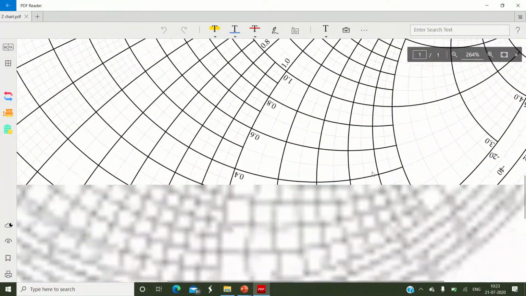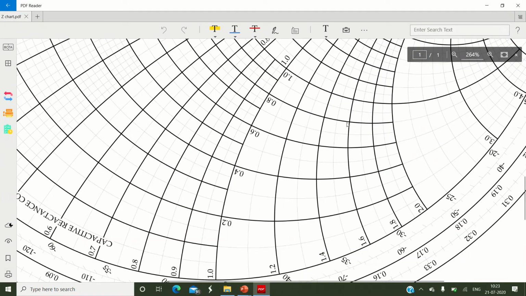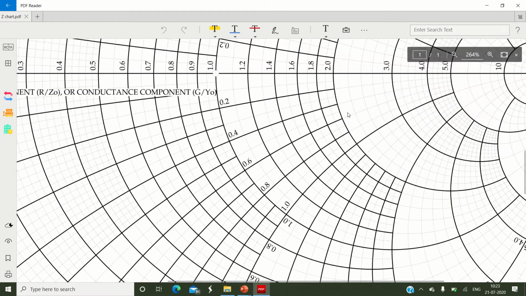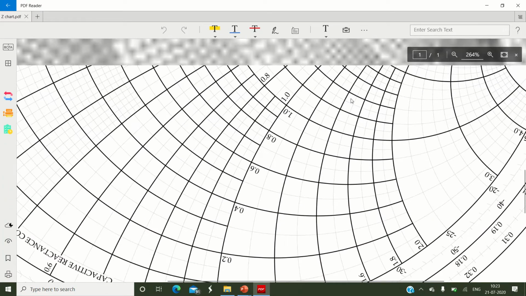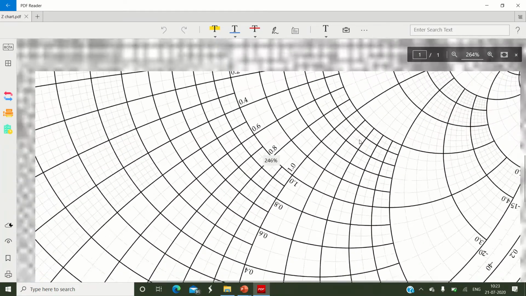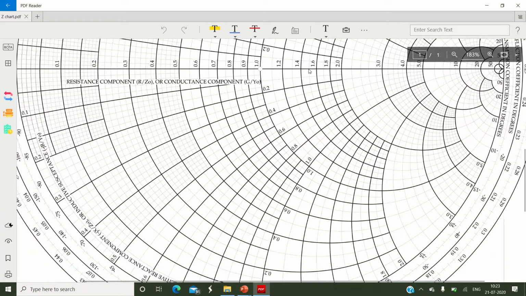See here, it is 1.6, right? And 1.6, this line, and 1.5.